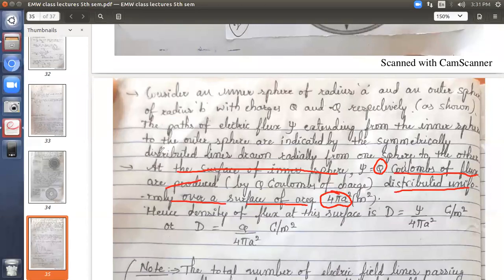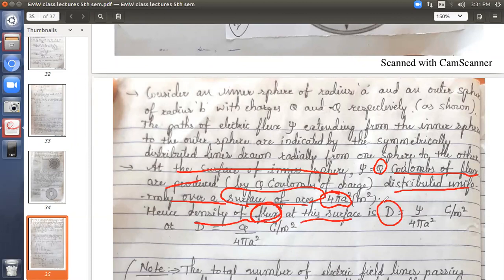So how will you define density? Density is what you have already studied, charge density, that is linear, surface and volume. So here, as we are talking about the area of the sphere, let us consider surface charge density. So what will be the density of the flux? The flux is nothing but the number of charges. So what is the density over the surface?